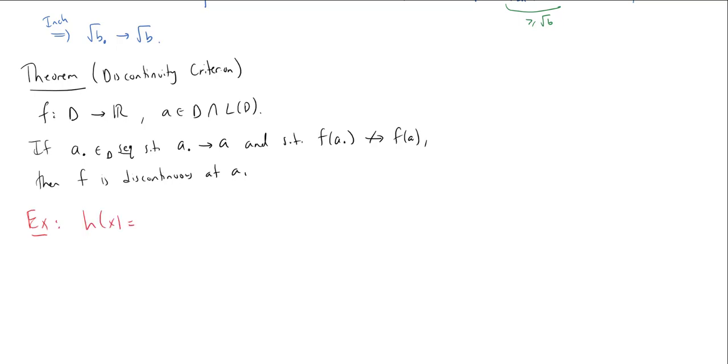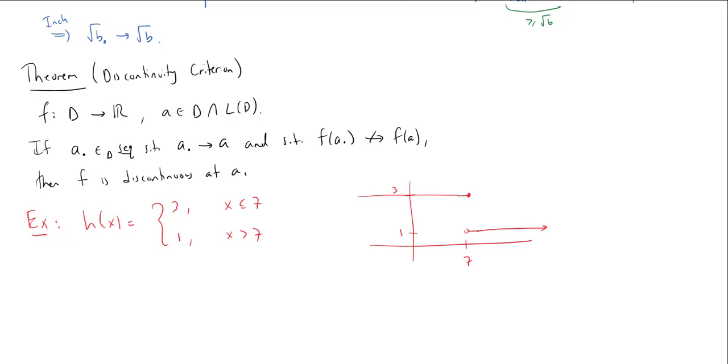We'll take one of our favorite functions, h of x, which is going to be 3 until x is equal to 7, and then once x gets past 7, it becomes 1. So visually, this should be pretty easy to detect the discontinuity. Because at 7, it just takes this massive jump down, right? Because it's a step function.